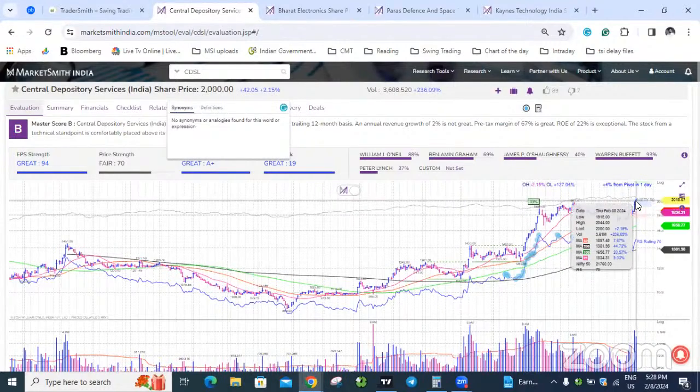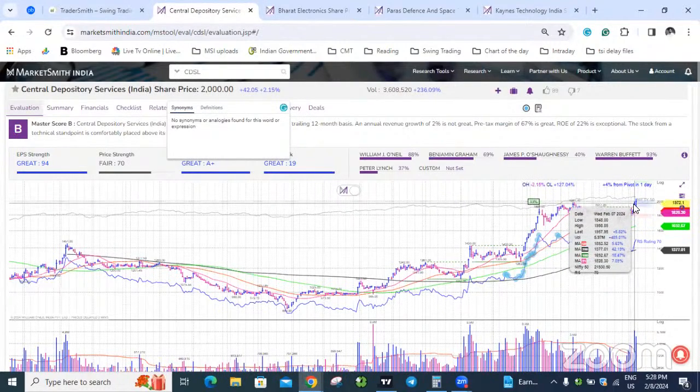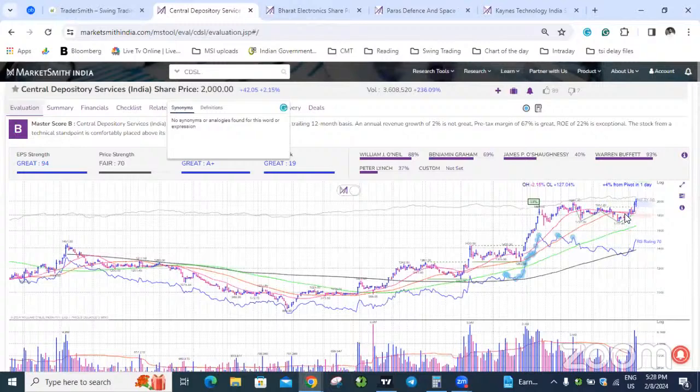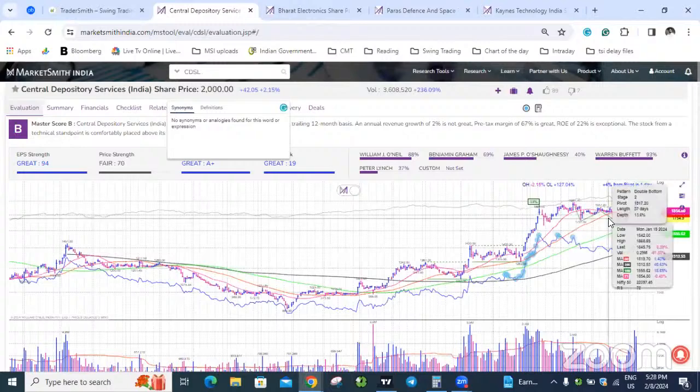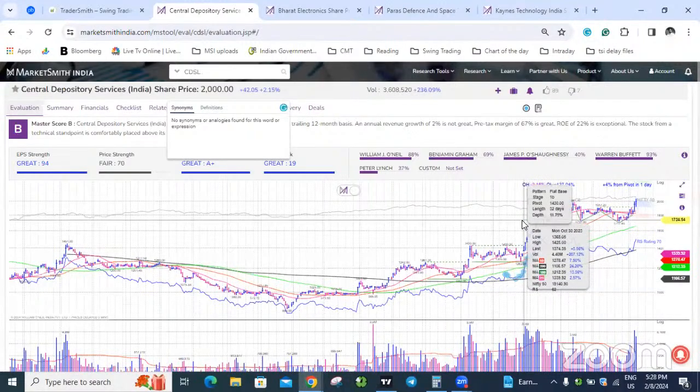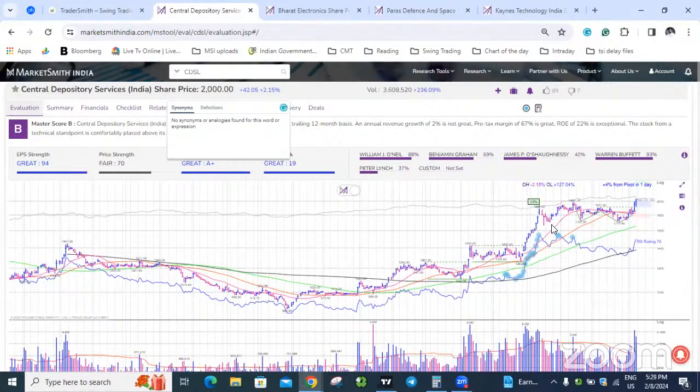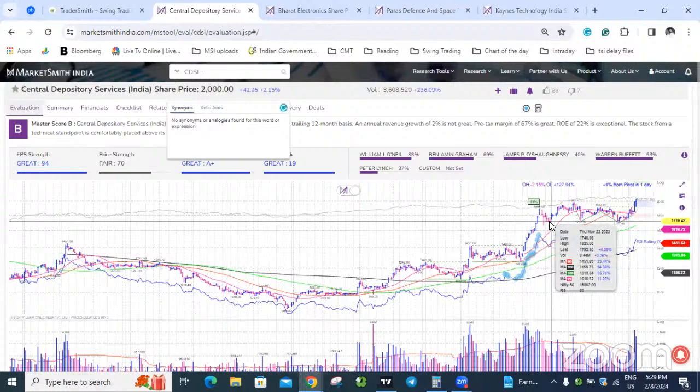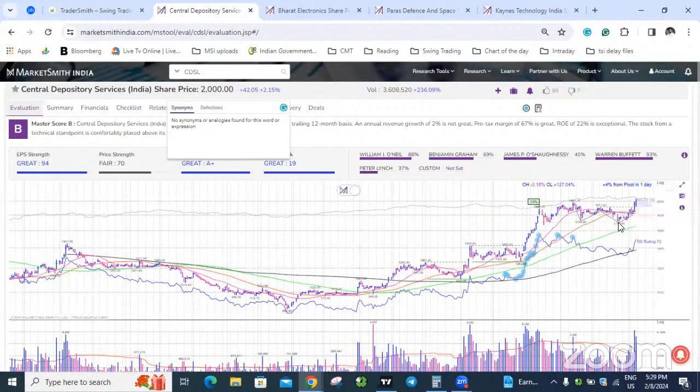After that, it's trending positive, so there are no signs of weakness, and one can keep a stop loss below the 1730 level. Once it closes below, one can draw a trendline from the low of November 2023 to the recent low of January. That will be a good stop loss for this particular stock to continue this trend.